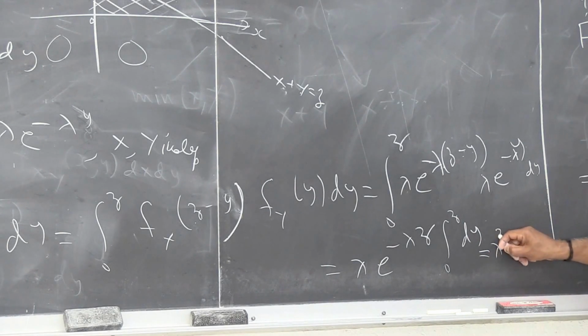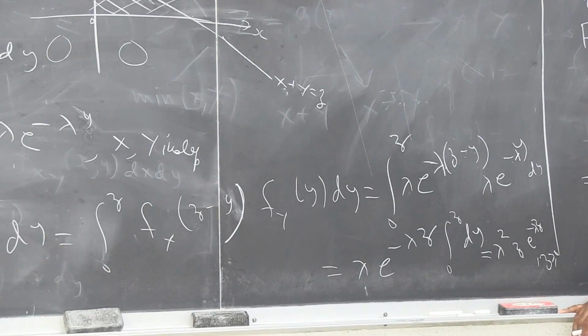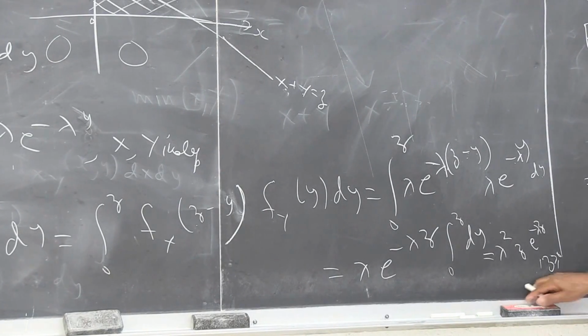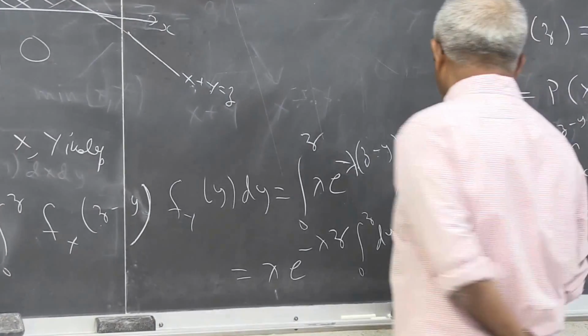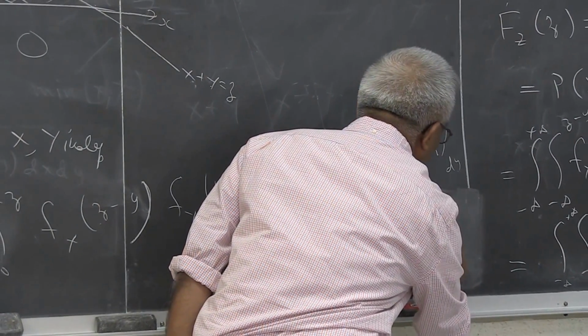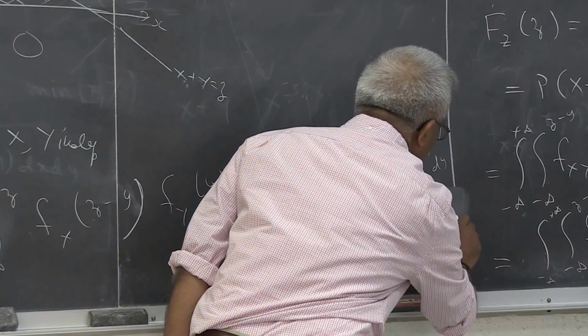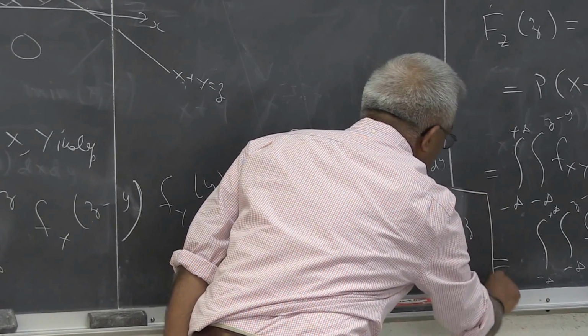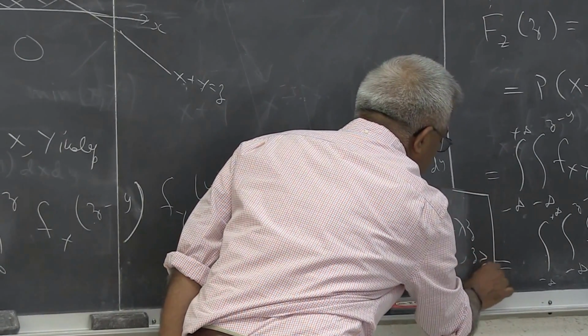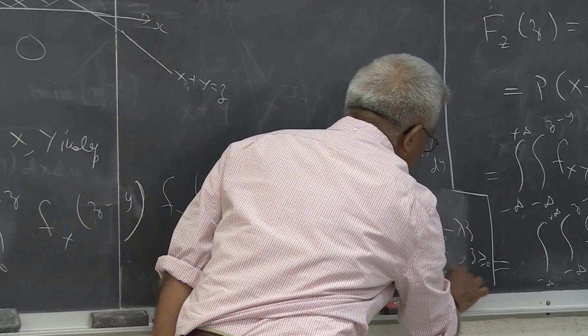So the answer is lambda squared z e raised to minus lambda z, for z positive, since if x and y are positive, their sum is positive also, and 0 otherwise.